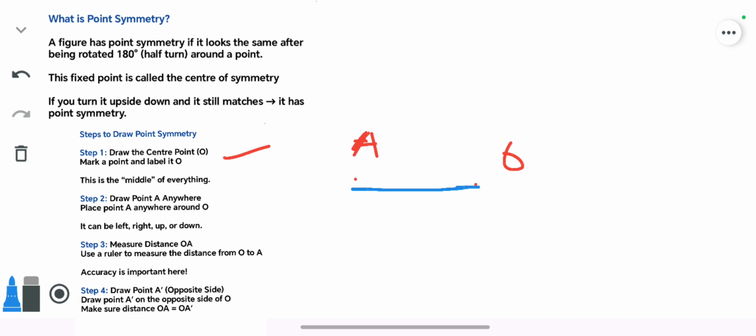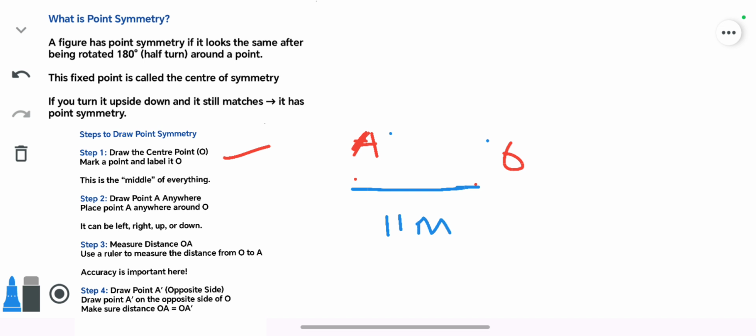There we go. Step number three: measure distance OA. Use a ruler to measure the distance from O to A. Okay. So for this case here, let's say this is 11 meter.